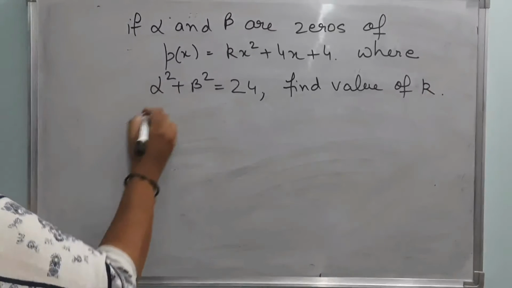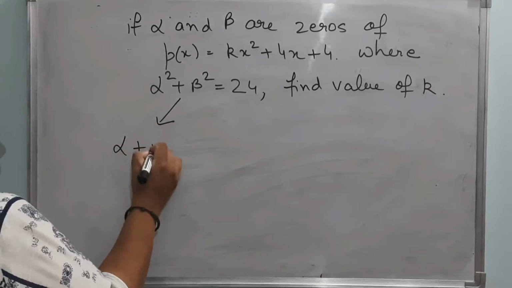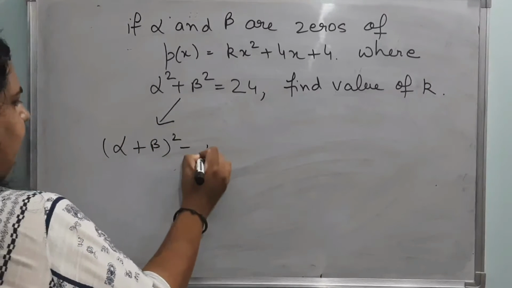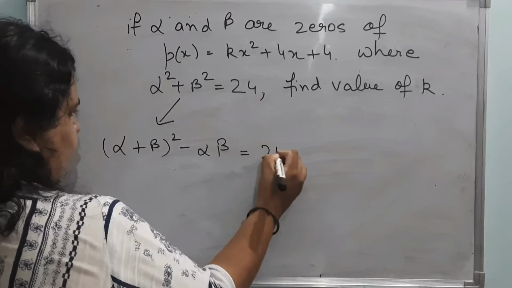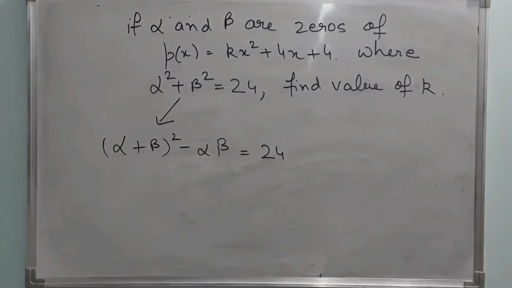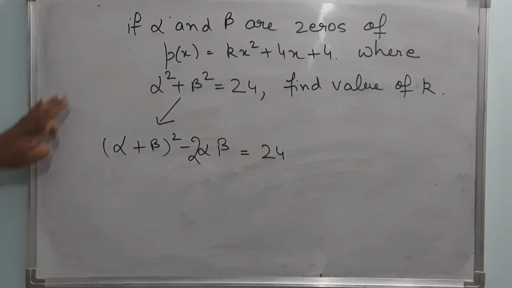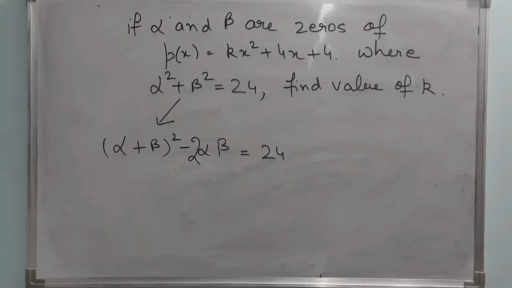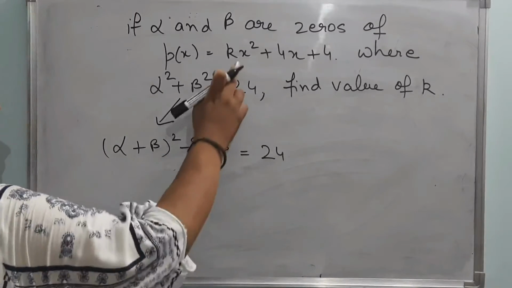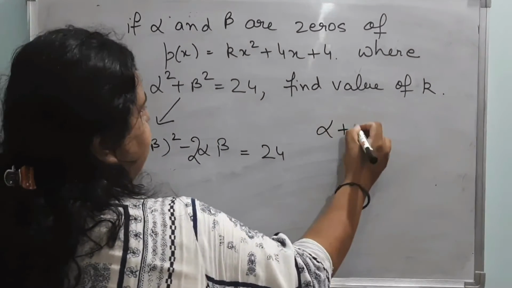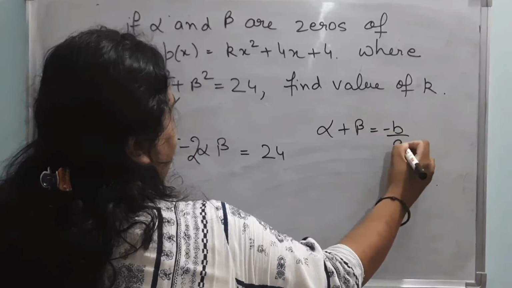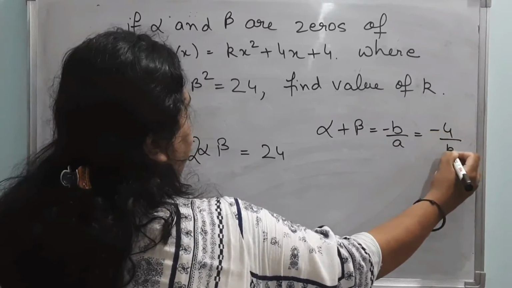So, how to find? Alpha square plus beta square equals 24. This is your formula: alpha plus beta whole square minus 2 alpha beta. Now, alpha plus beta is minus b on a, which is minus 4 on k.